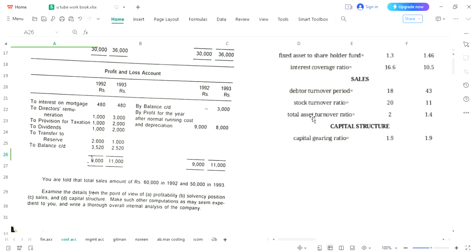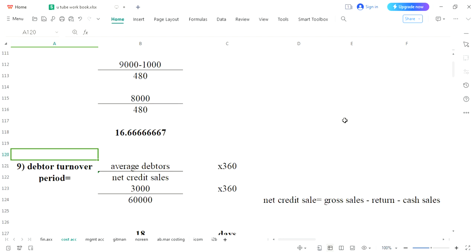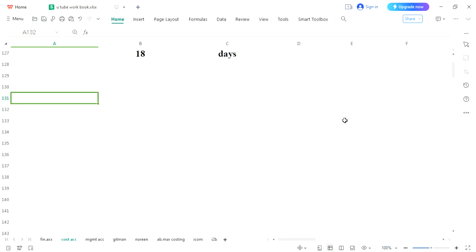Now next is the total asset turnover ratio. This was also solved earlier. And formula number 10, fixed asset turnover. This also needs to be settled. Let's do it.